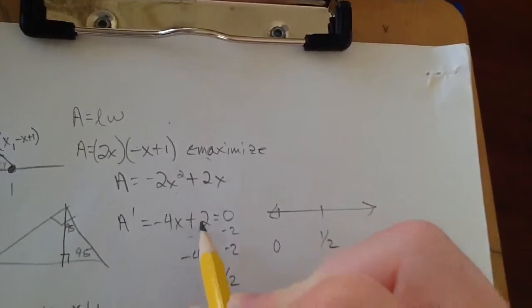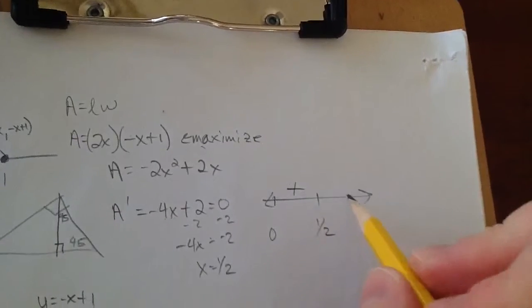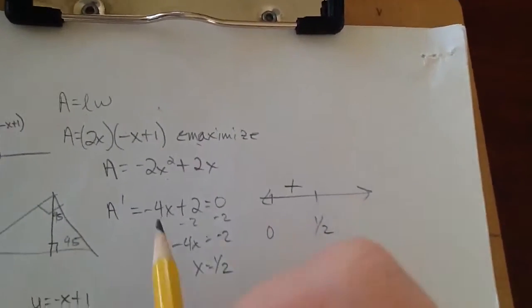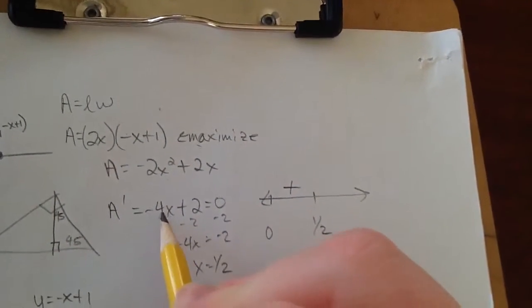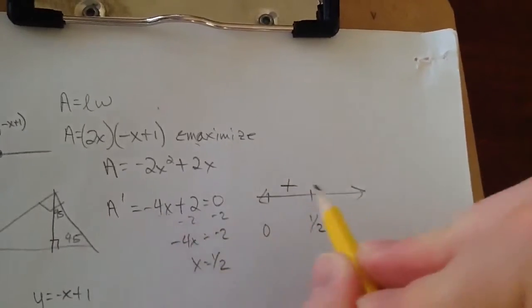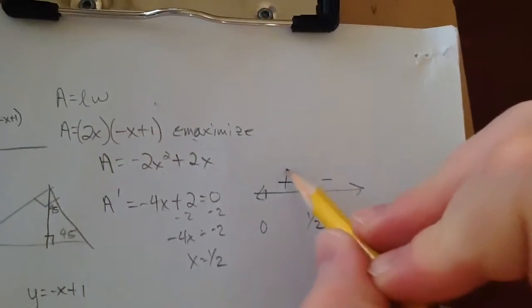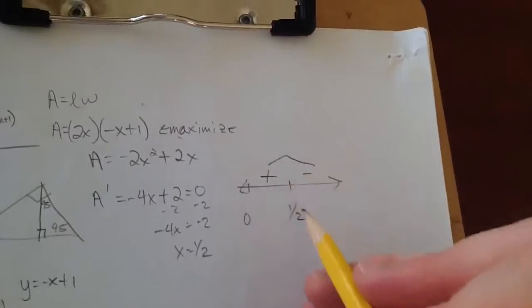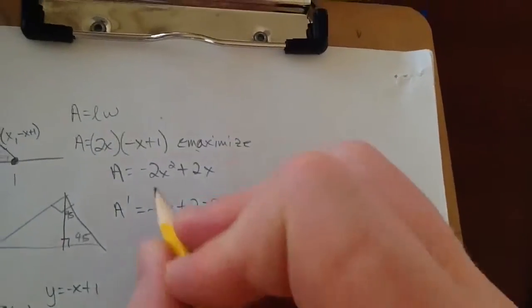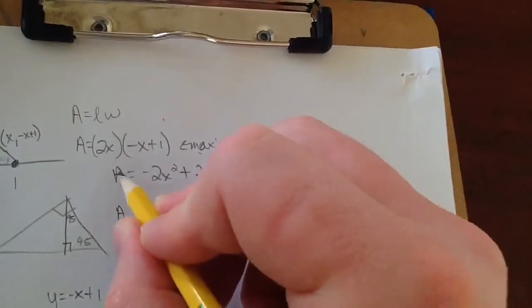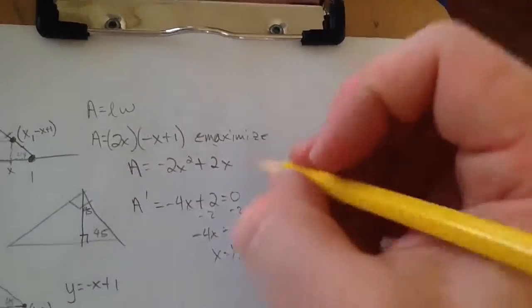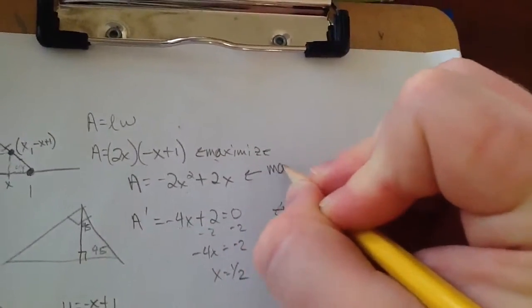It's negative, so negative 1 plus 2 would be positive here. And then plug in like 3/4. 3/4 times 4 is 3. Negative 3 plus 2 is negative. So it goes from positive to negative. Hey, that's a max.